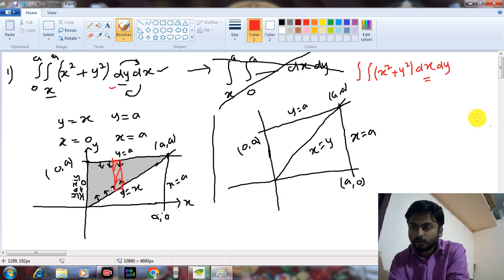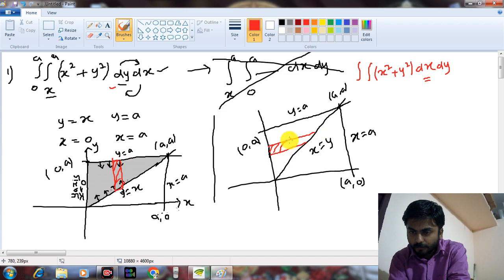So now our strips should be horizontal, that is parallel to the x axis. So we have to change these vertical strips into horizontal strips. This is our horizontal strip.